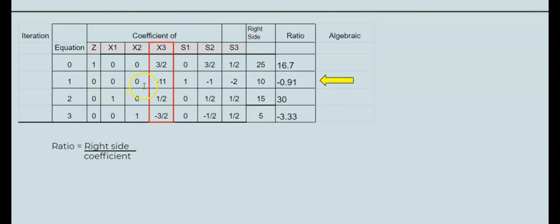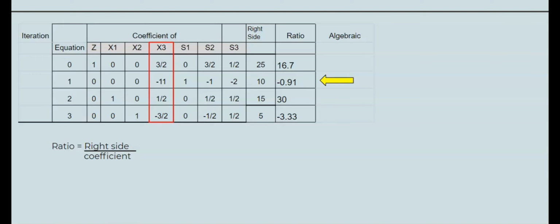As I mentioned before, this is the location where we need to have a positive 1 and the rest of the cells become 0. But we have a problem because this right here is a negative 0.91. So this is not the smallest positive number. Therefore, this is where you have maximized and completed the process.